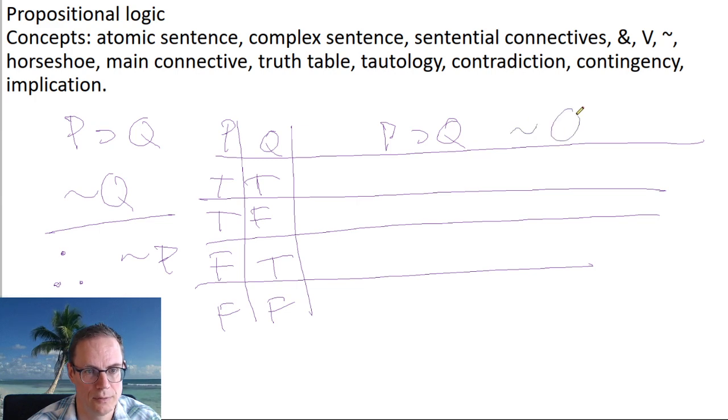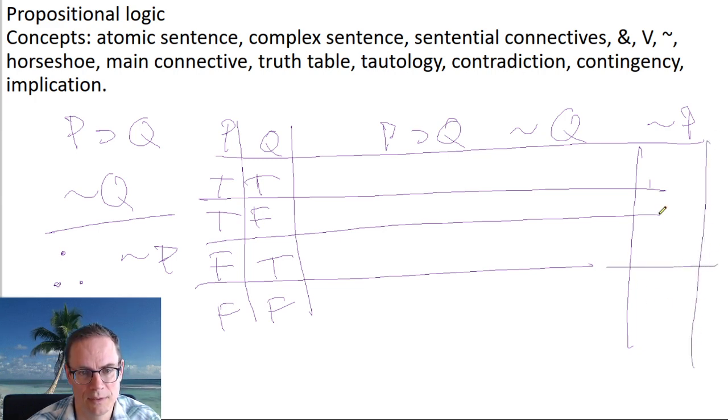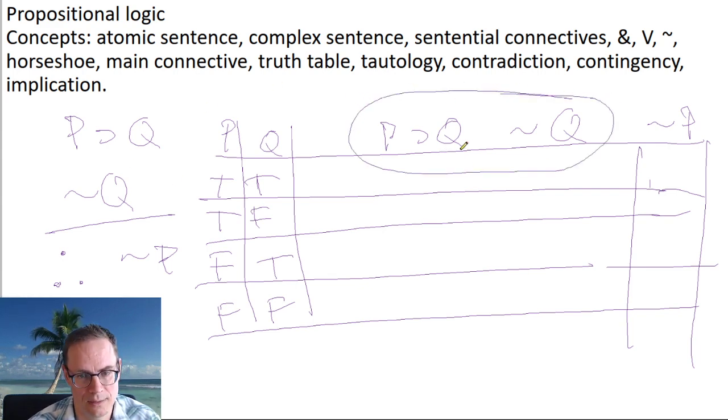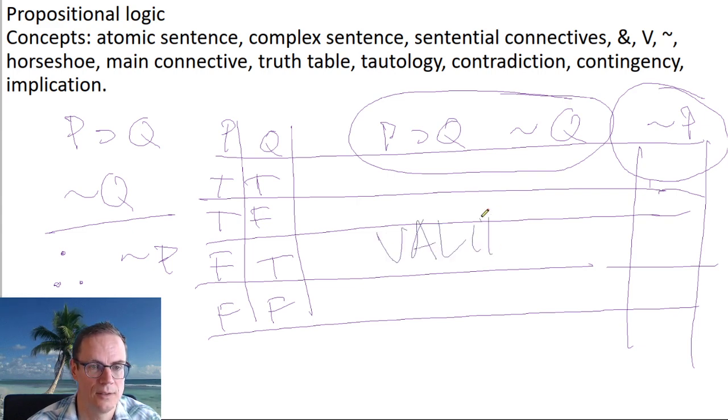Here you would have not Q, and here you would have not P. Now, if there is no line where the premises of this argument, so these 2, are true, but the conclusion not P is false, then it's valid, and then the premises imply the conclusion.